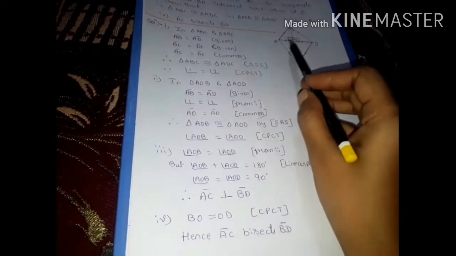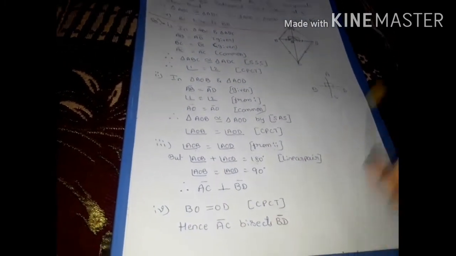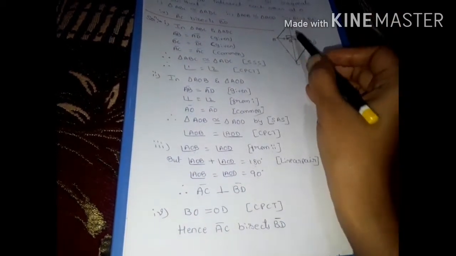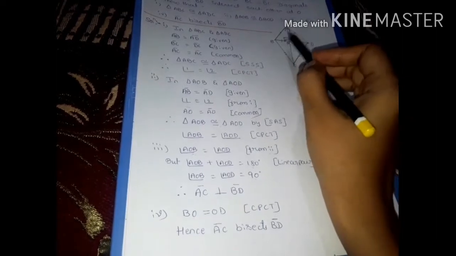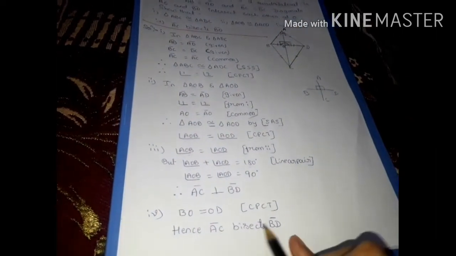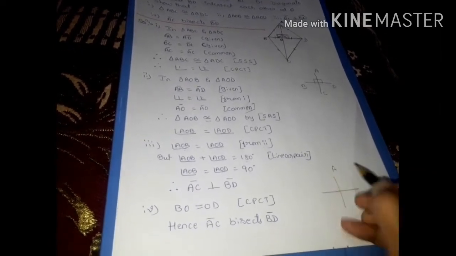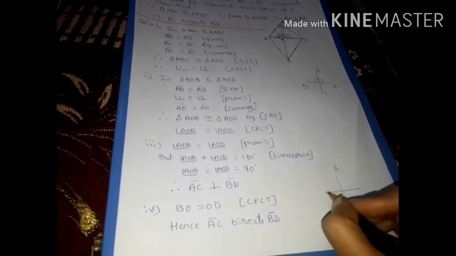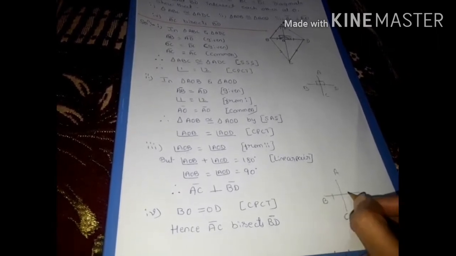We showed BO equal to OD by CPCT, and also it forms 90 degrees. AC is perpendicular to BD, so we can say that AC bisects BD. AC line segment makes the BD line segment into two equal parts.